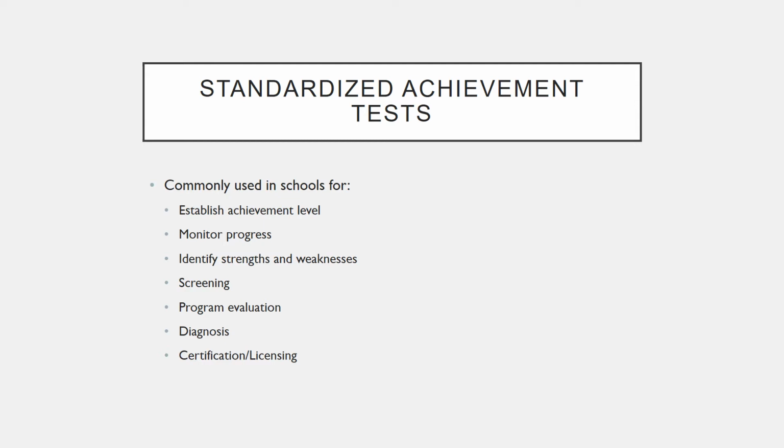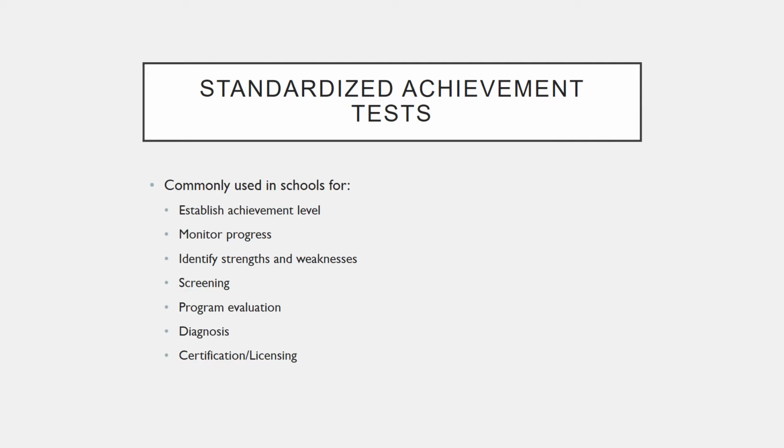And these are used pretty commonly because they have pretty good psychometrics and they have nationally representative norming groups based on grade level. So they're considered to be fairly reliable in terms of the way that they're scored and administered.